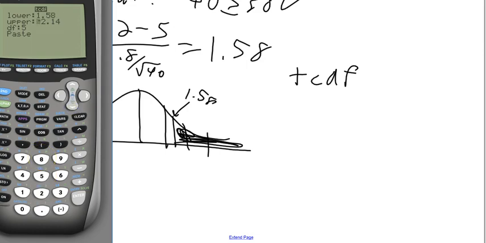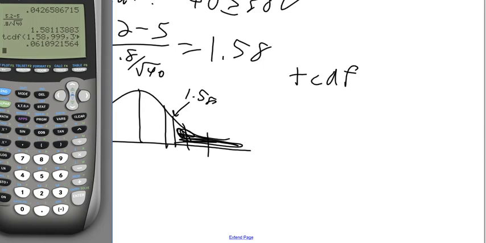For our upper, we put 999. And our DF, we didn't say, but our DF is going to be 40 minus 1, which is 39. And we just hit enter a few times. That's the layout. Remember, it puts lower, upper, DF. And there we go.